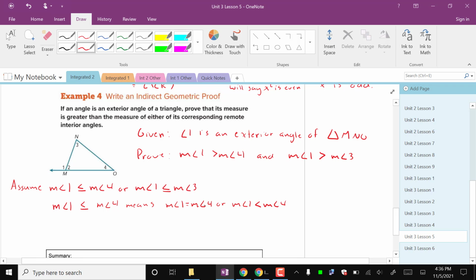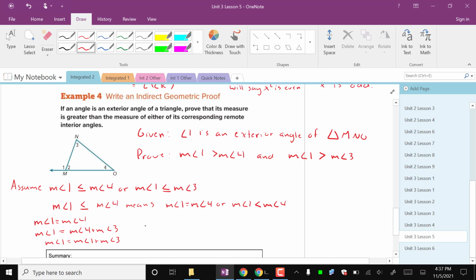So let's take a look at the first one. What happens if it's equal to it? If the measure of angle 1 equals the measure of angle 4, then the measure of angle 1 equals the measure of angle 4 plus the measure of angle 3. But we already said that this is equal to 4, so that would say measure of angle 1 equals measure of angle 1 plus measure of angle 3.